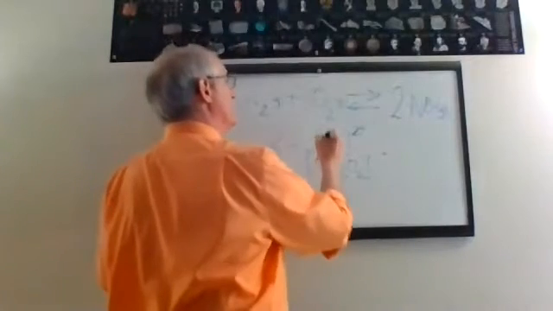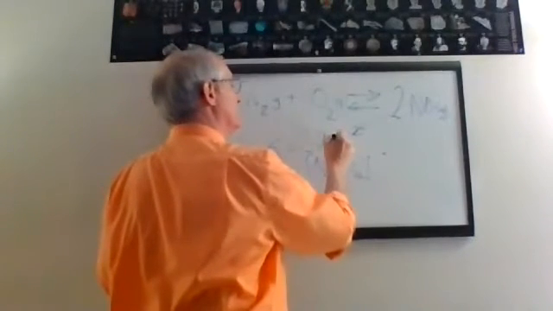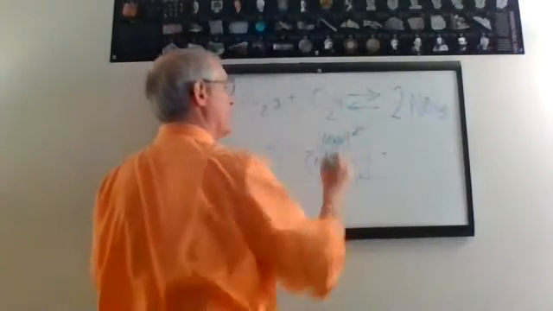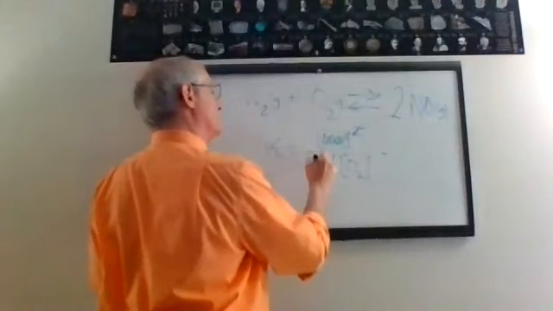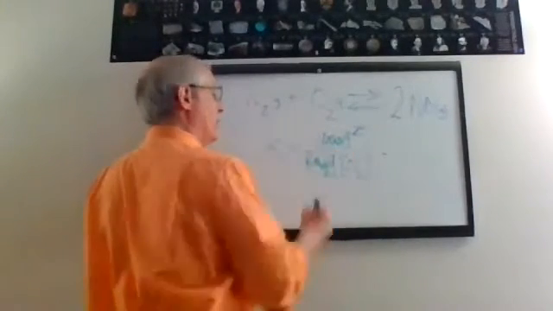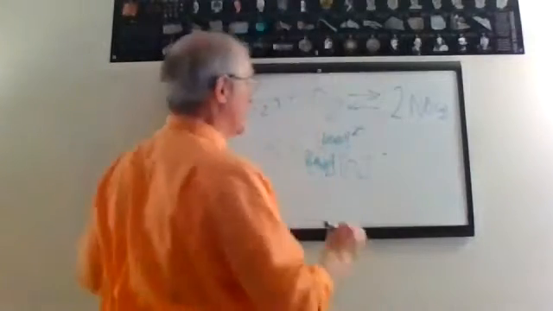1.1 times 10 to the negative 5 is the concentration of that product NO. And down here, we've got 6.4 times 10 to the negative 3. And the oxygen was 1.7 times 10 to the negative 3.